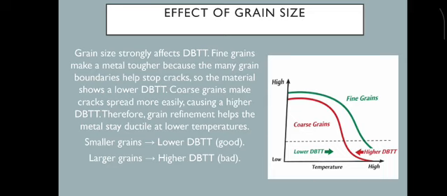But coarse grains let cracks spread more easily, causing a higher DBTT. This is because in coarse grains the grain boundaries are very few, so cracks can spread more easily than in fine grains. So with small grains the DBTT value is low, but with larger grains a higher DBTT value is seen.